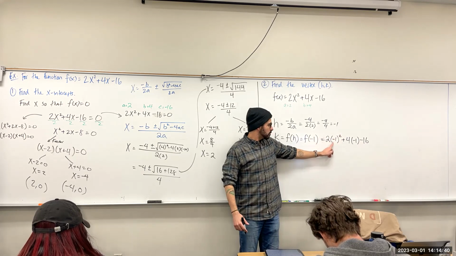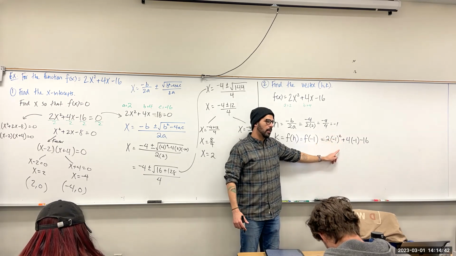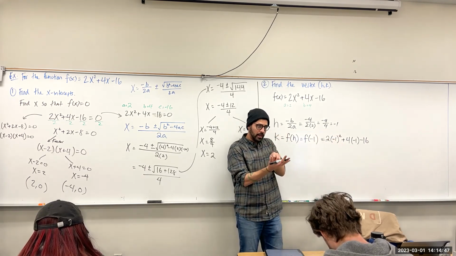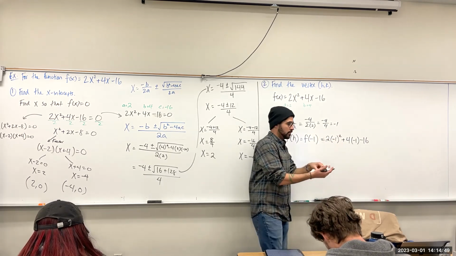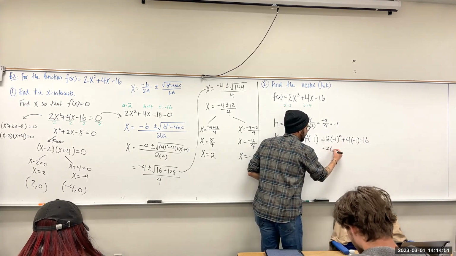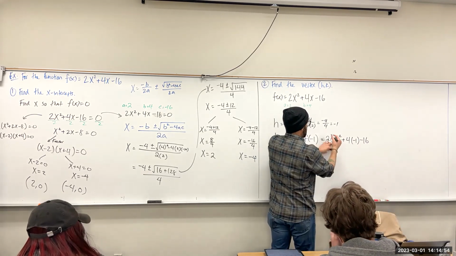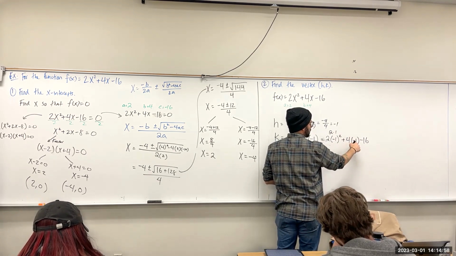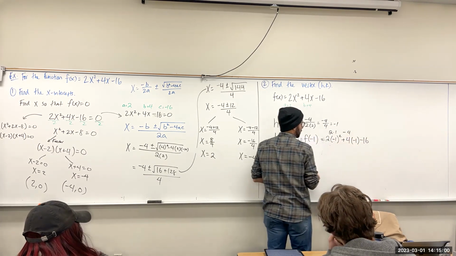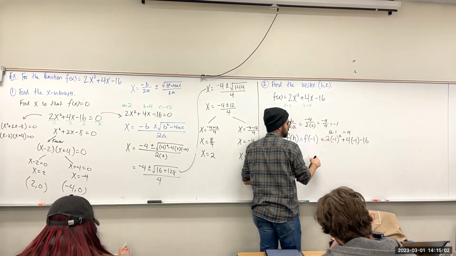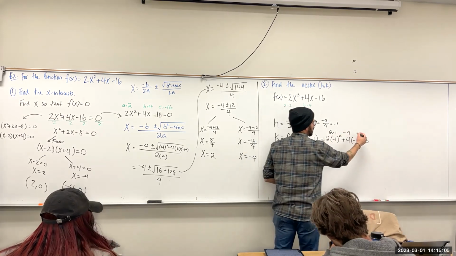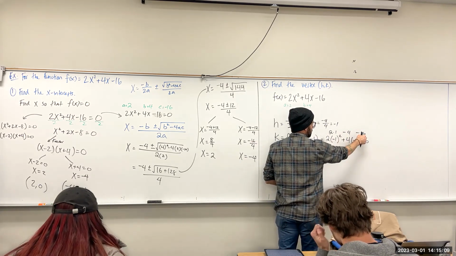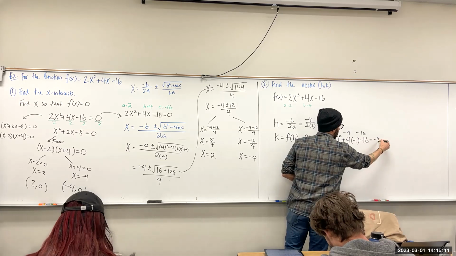What's -1 squared, +1 or -1? +1. Be careful because you're multiplying -1 with -1. So that's 2 times 1, and 4 times -1 is -4. What's 2 minus 4? -2, minus 16 is -18.